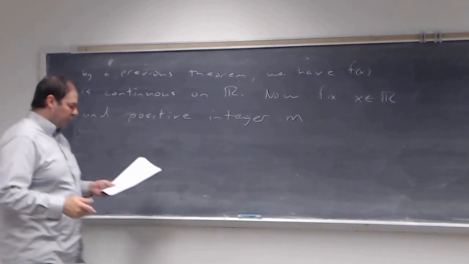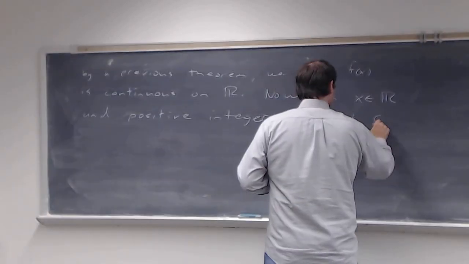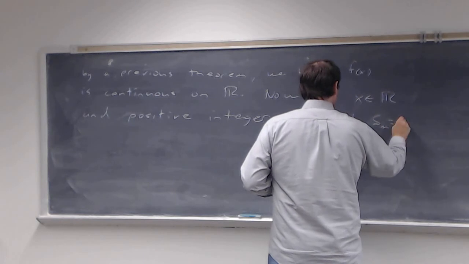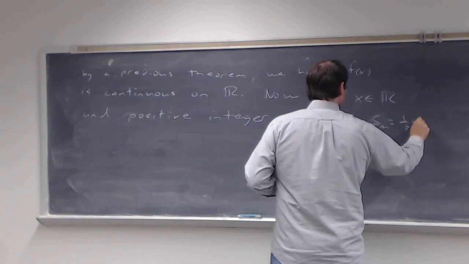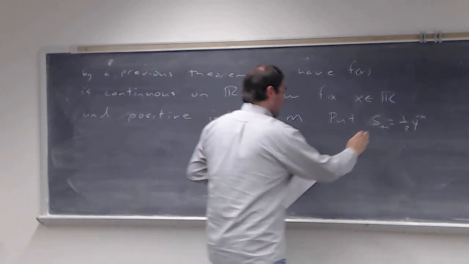Okay, now we're going to put delta sub m equal to 1/2 times 4 raised to the minus m power. And it's going to be plus or minus this.